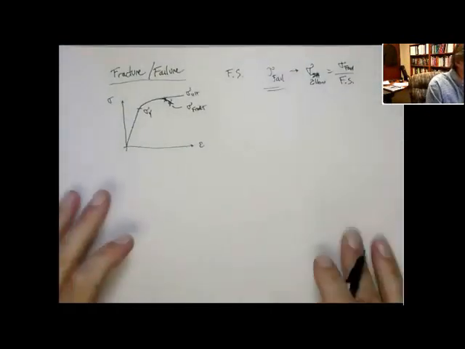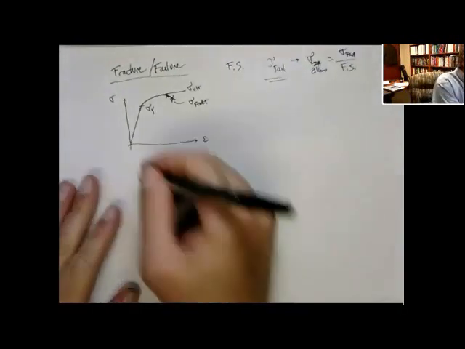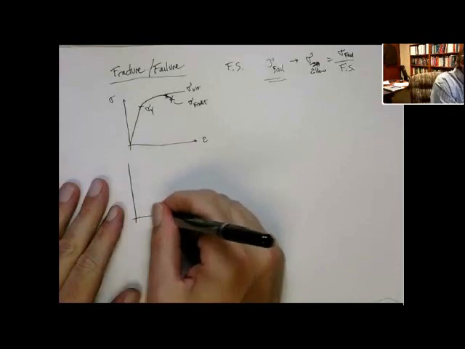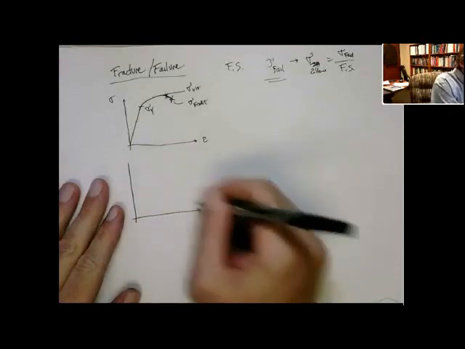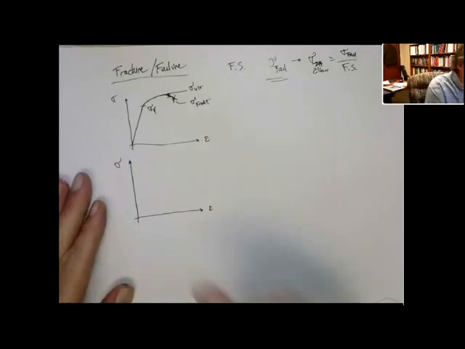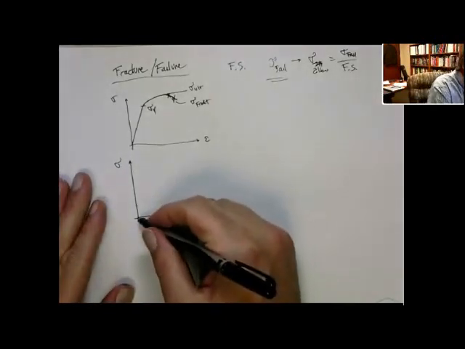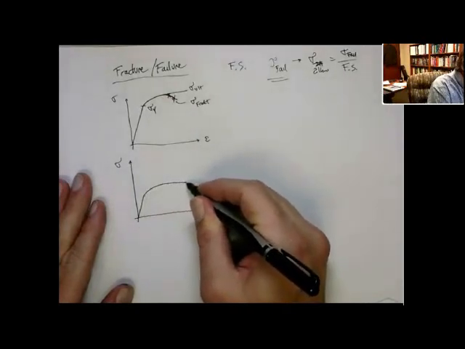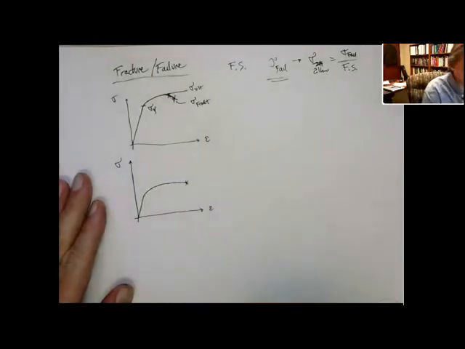Well, actually, before we get to that, let's look at two materials. Actually, for those who have taken material science, you'll appreciate this. Let's take one material, something like this. There's a lot of plasticity to it.